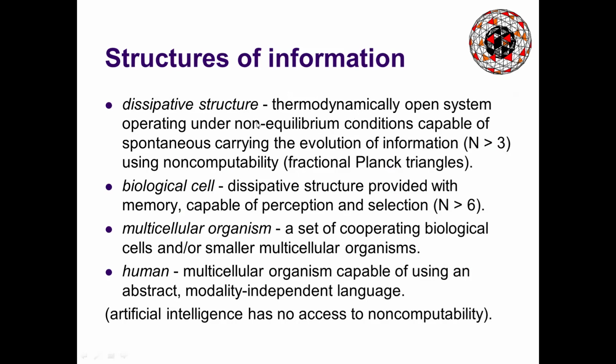In our opinion, dissipative structures are structures of nature that don't have a memory, but they're capable of carrying information starting from 3 bits. Then we have a biological cell, a structure provided with memory. If assembly theory captures selection of evolution, then selection is nothing but choice. And the notion of choice requires time. Choices are made in time.